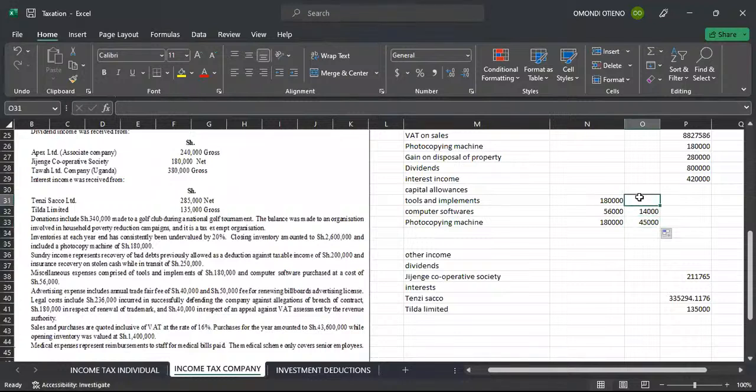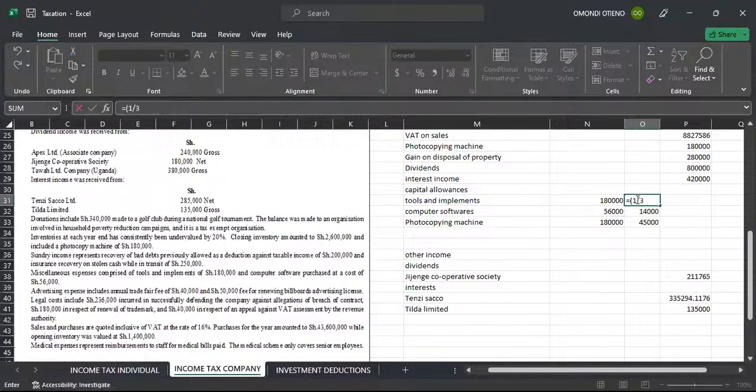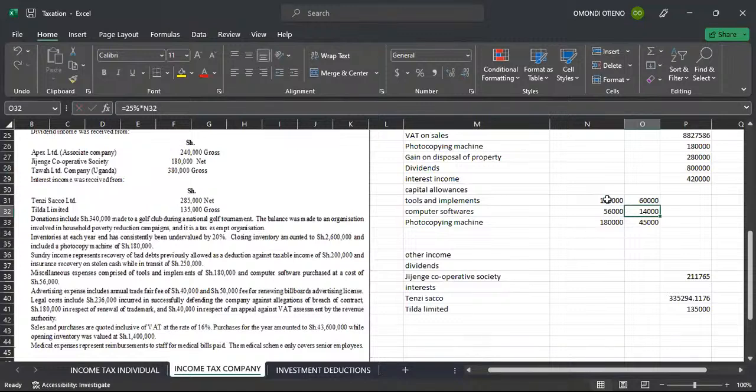Then tools and implements. Tools and implements, we said yesterday that we take a third of the cost. And a third of the cost ni ngapi? A third of the cost is 60,000.